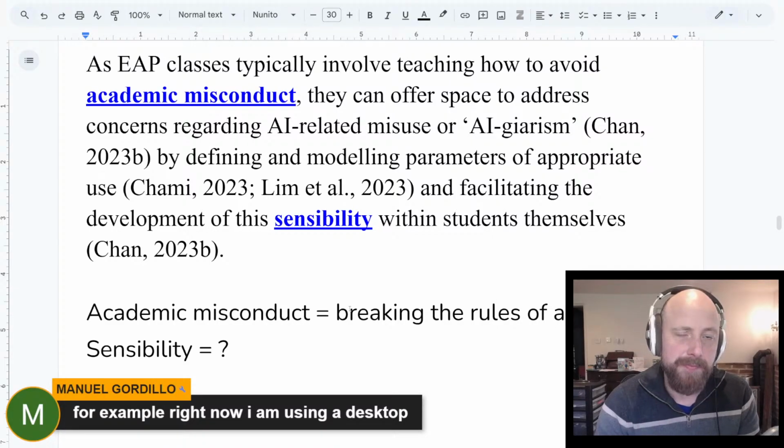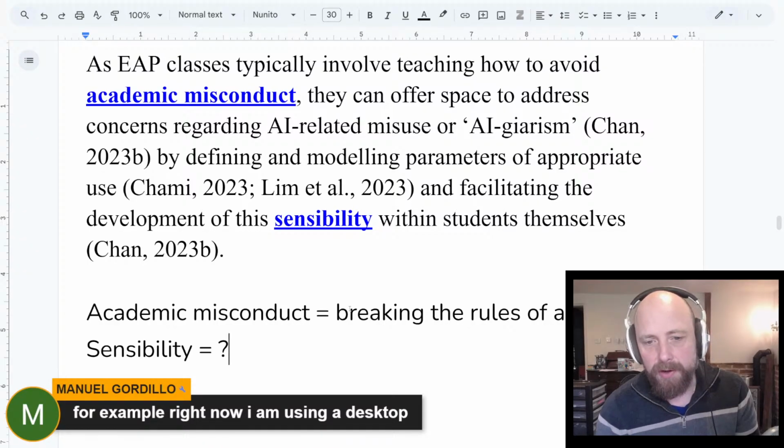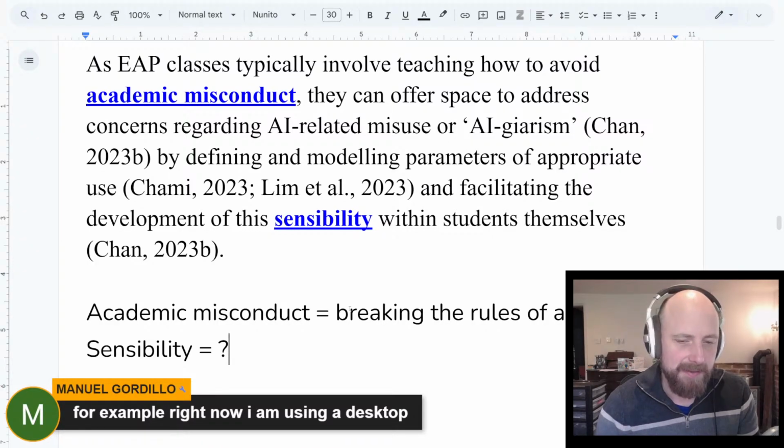For example, copying someone else's work, or publishing a paper with your name on it when somebody else wrote it, right? So it's basically breaking the rules of academia. That's academic misconduct.